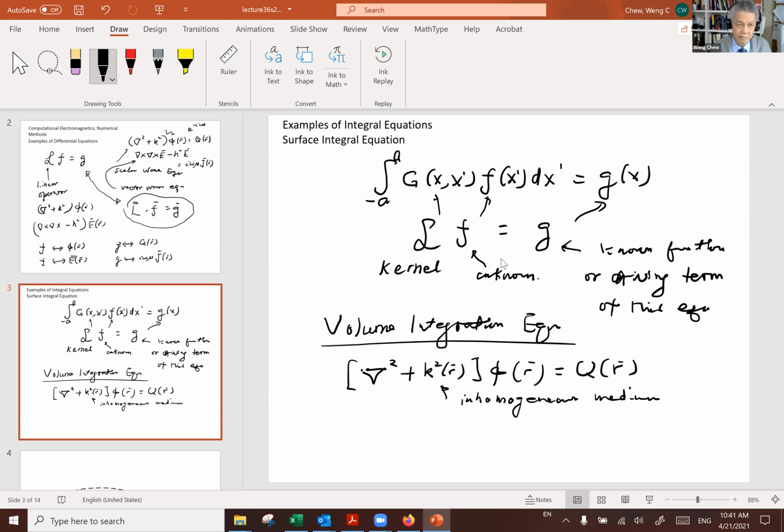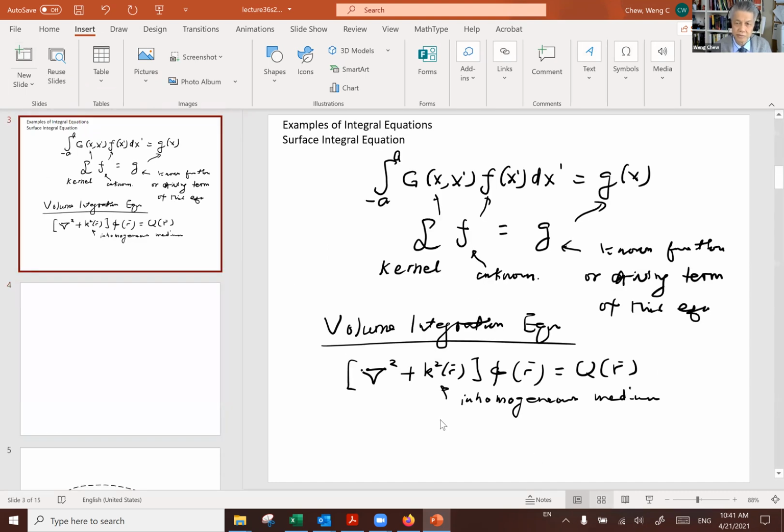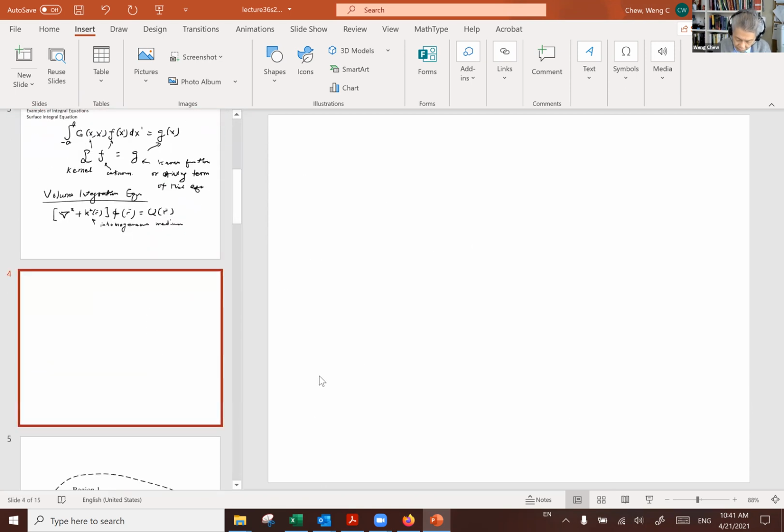Okay, and then how do we solve this equation and cast it into a form that computers can digest? Well, the way to do that is actually to rewrite this equation into a form that you can derive an integral equation from.